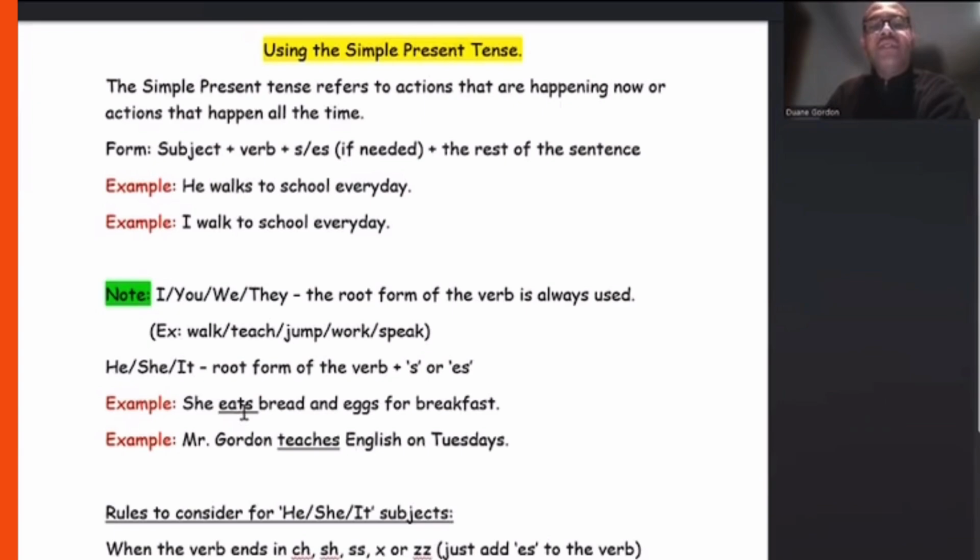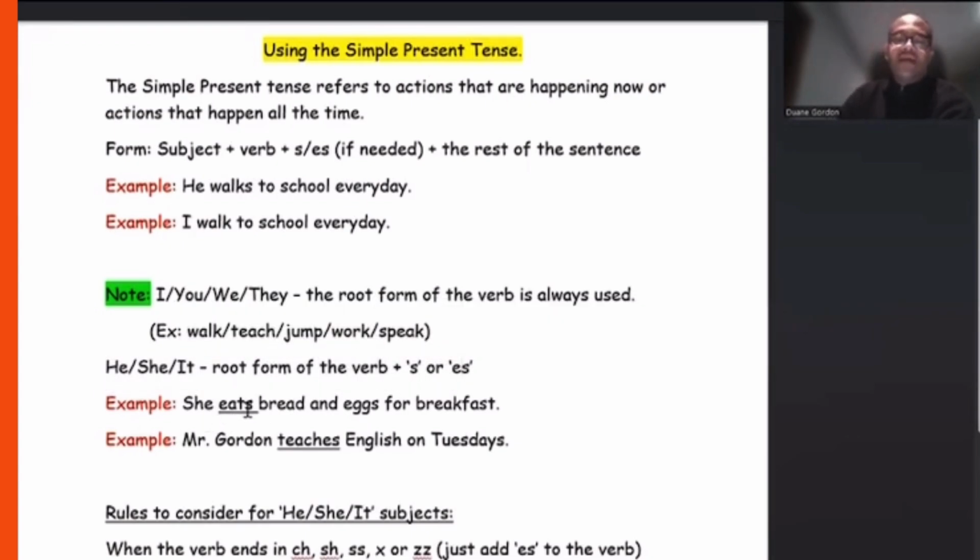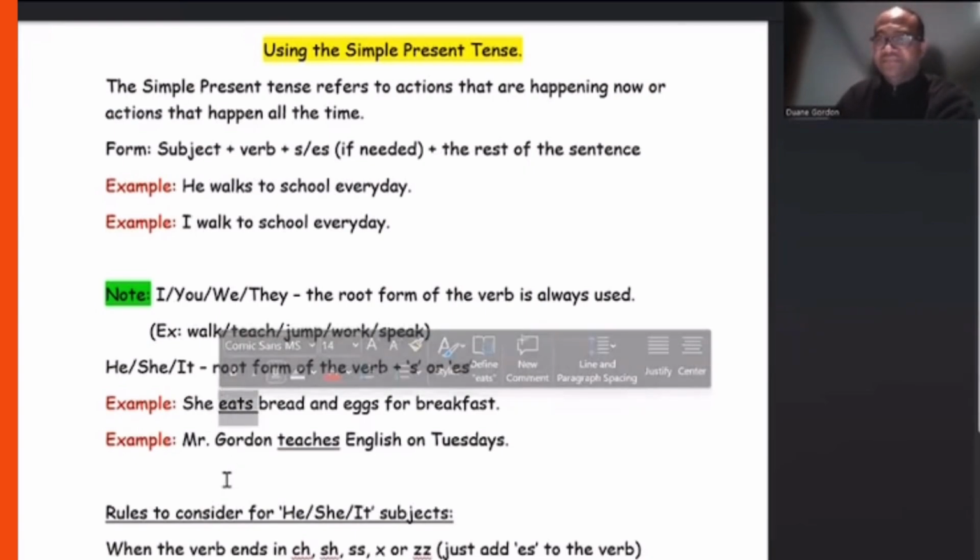It's clear. She eats bread and eggs for breakfast. She eats. Notice here, subject pronoun he, she, it. It's the verb plus s or es. In this example, it's she eats.